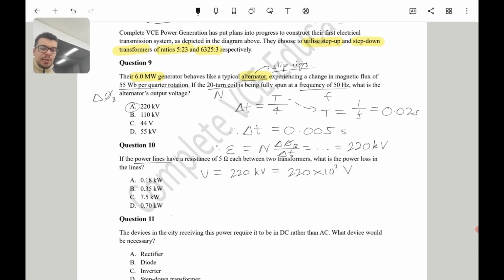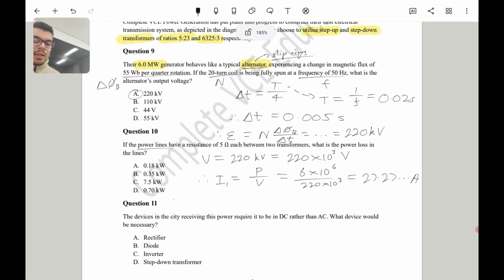Now, we know the voltage, we know our power, we can then figure out our current. So power is 6 times 10 to the power 6. We can divide this by our voltage, and we should get, as our answer for the current, 27.27 amps. So this, guys, is going to be the current that is outputted by our alternator.